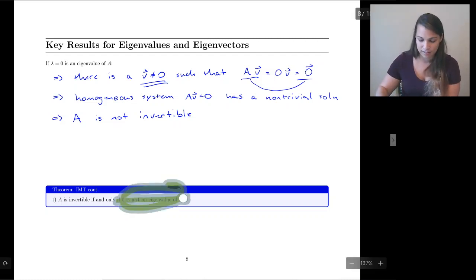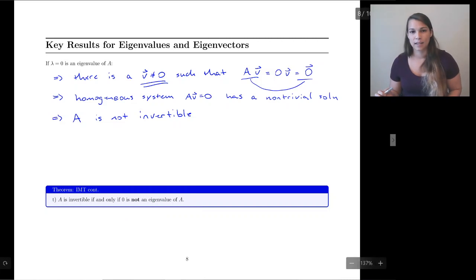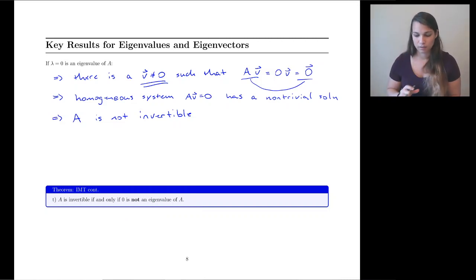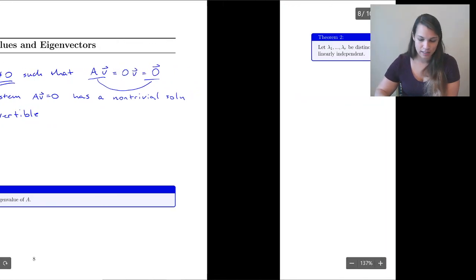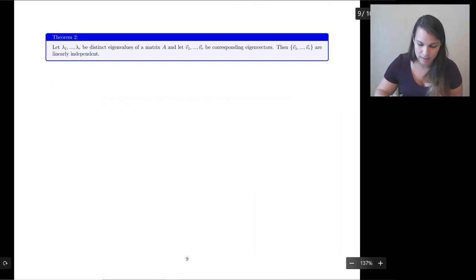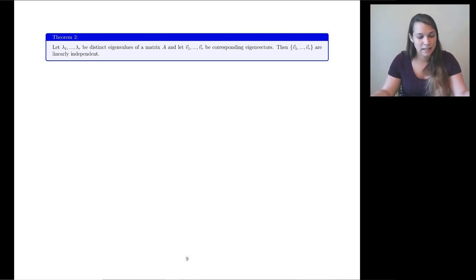And that'll be reflected in the PDF that I've got on Sakai with IMT stuff sitting in it. Okay, so that's cool. It gives us the next theorem, sort of. Remember, we've got lots of linear independence things that come with IMT. So we're not going to directly get this next theorem from IMT, but it is a consequence of that.